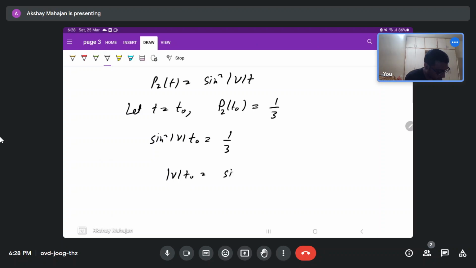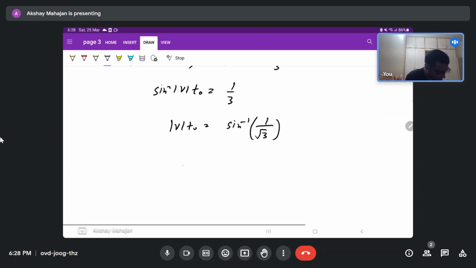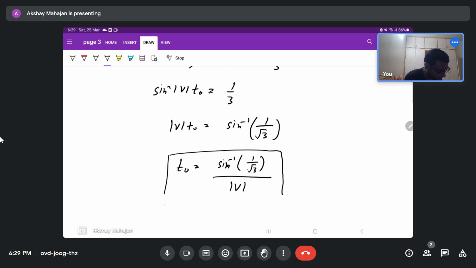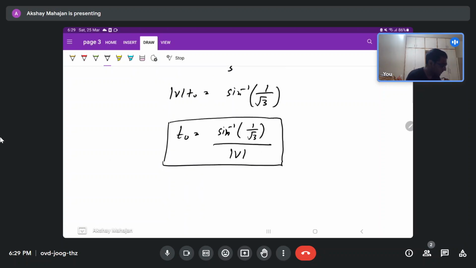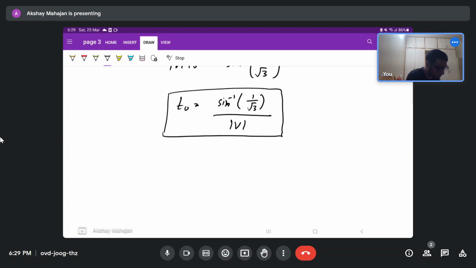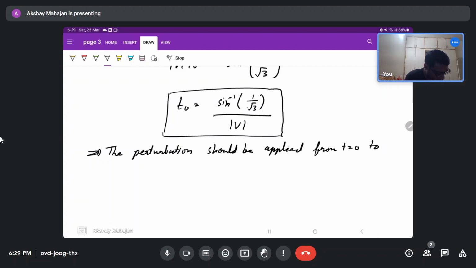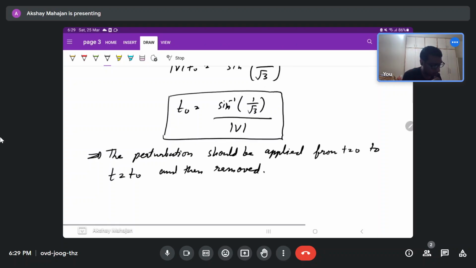This becomes sine inverse of 1/√3, so t naught will be sine inverse of 1/√3 divided by mod of V. You can find whatever the exact value of t naught is, but the basic idea is the same as the solved problem: the perturbation should be applied from t equals 0 to t equals t naught.